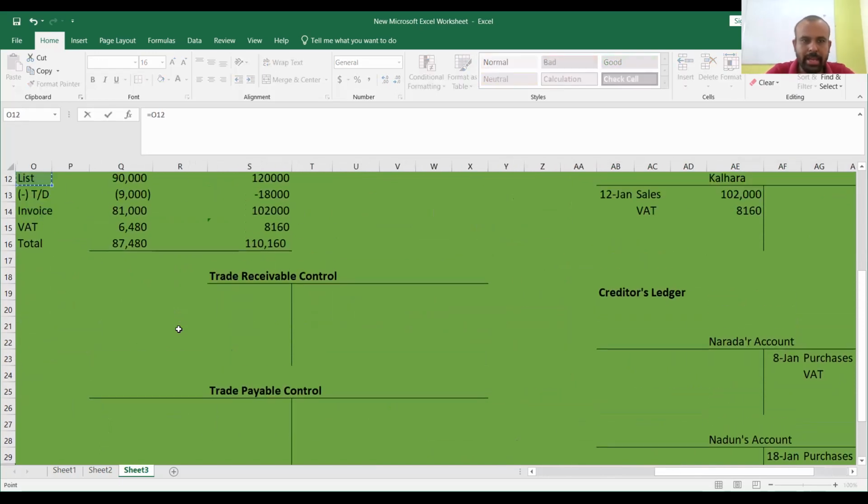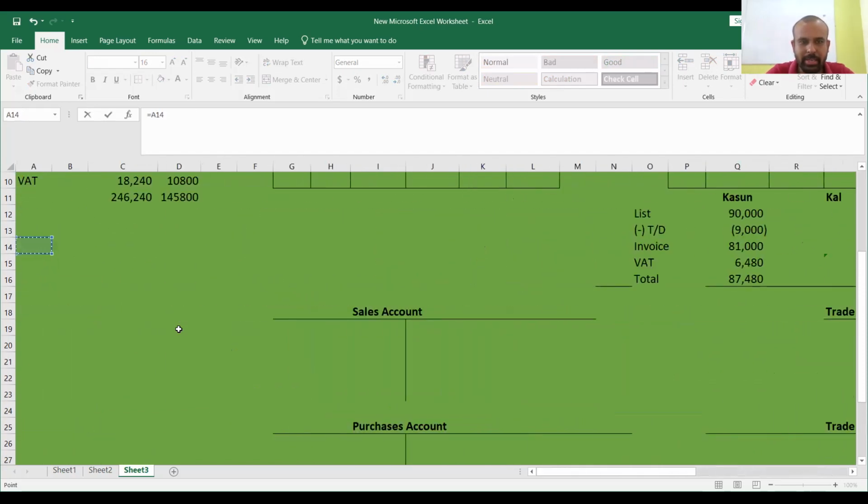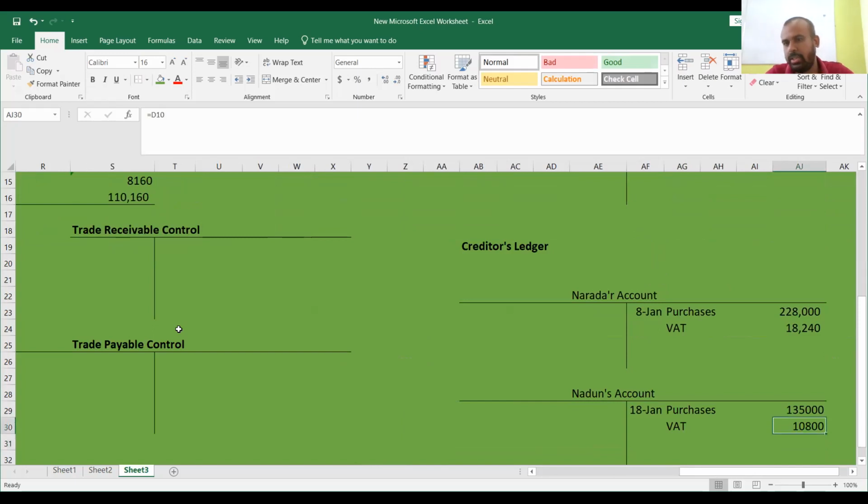Son, we credit both to the supplier Nadun's account. Purchase amount and the value added tax both need to be credited. 135,000 then 10,800. Good, right?